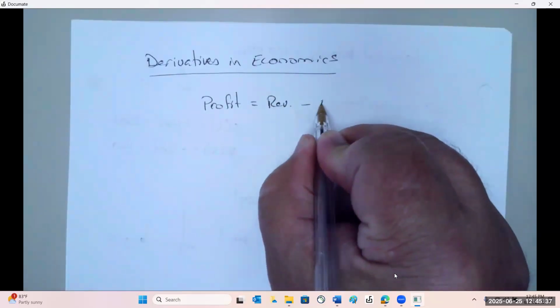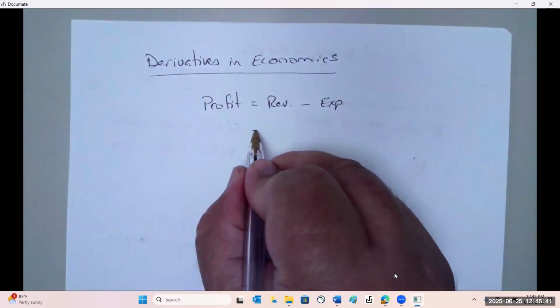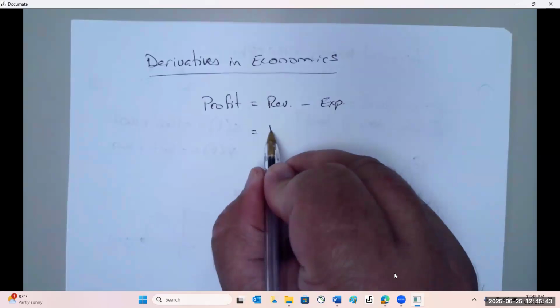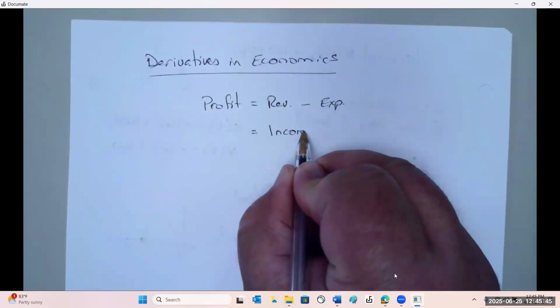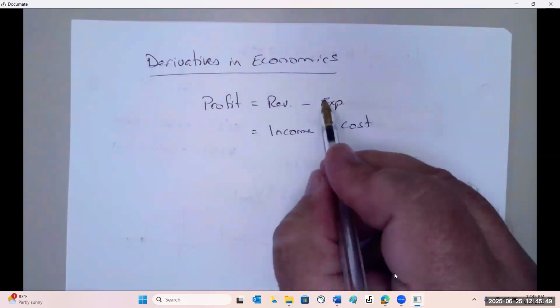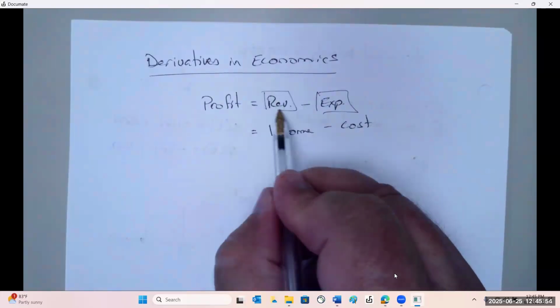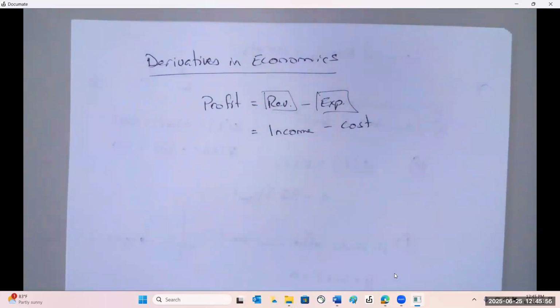Revenue minus expenses. Income minus cost. Because expenses is pretty big, if you think about it. Revenue, what's revenue?